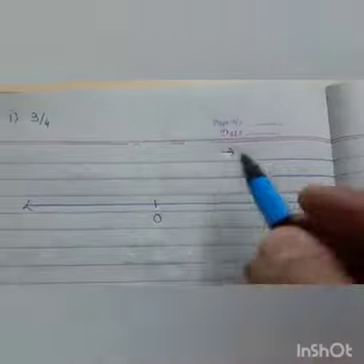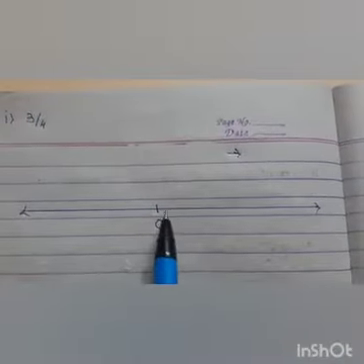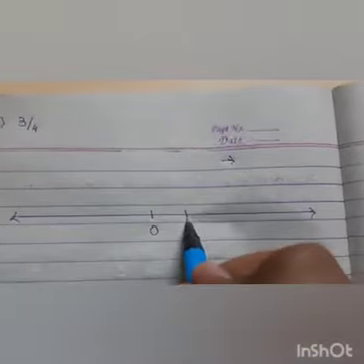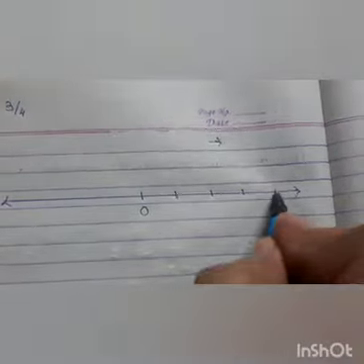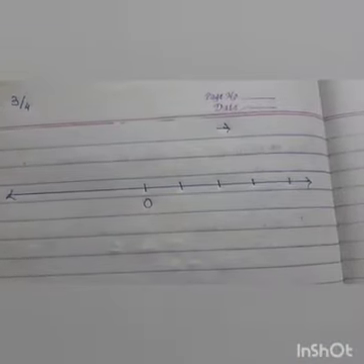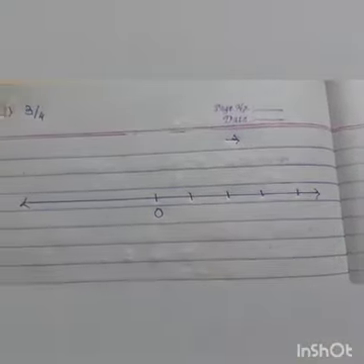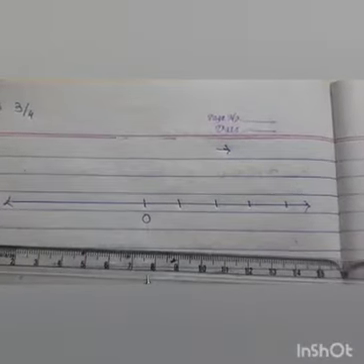Okay, see the denominator, it's written 4, so divide after 0 into 4 parts. So see 1, 2, 3 and 4. Now class, remember one thing, when you are dividing this, always divide it into proper equal parts. For this you can use a scale, and like 7 and 8, between them there is a gap of 1 centimeter.